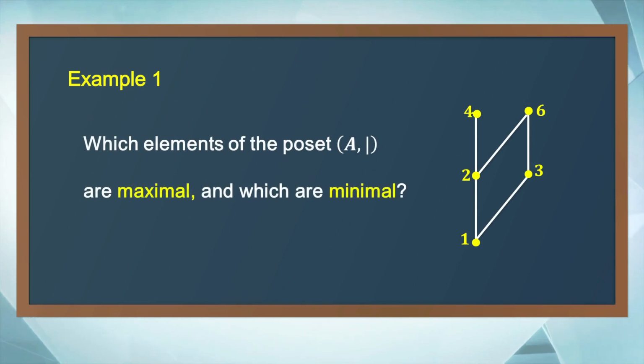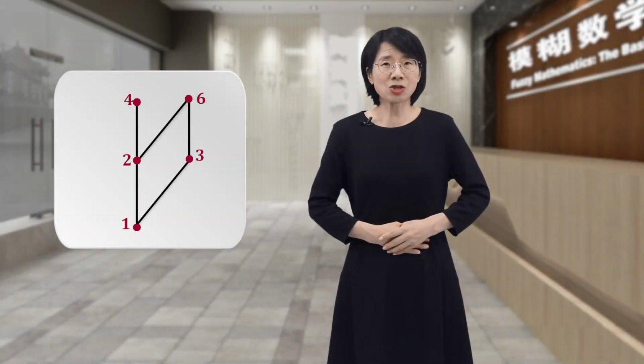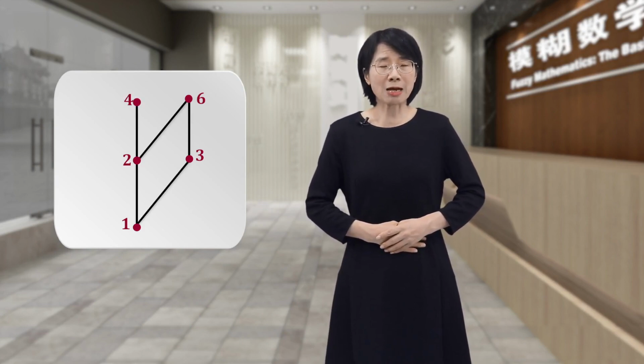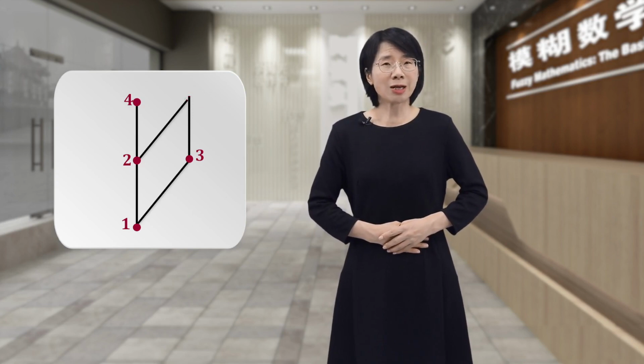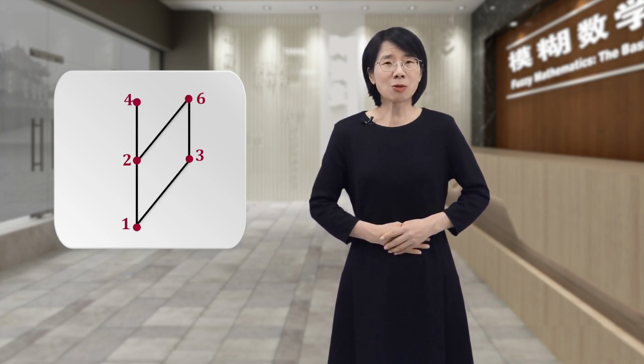Firstly, which elements of this poset are maximal and which are minimal? The maximal element is not less than any element of the poset. 4 is not less than any element of the poset, and 6 is not less than any element of the poset. 4 is the maximal element, and 6 is the maximal element too.